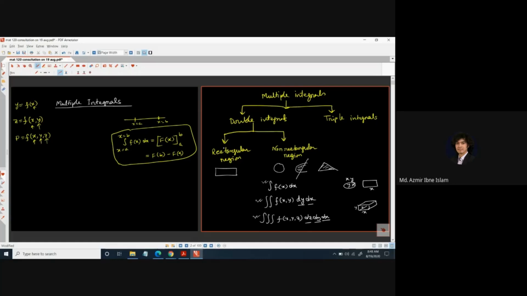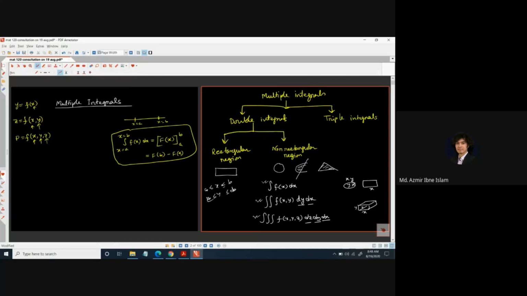So remember, how can you recognize whether you are provided with a rectangular region or a non-rectangular region? In a rectangular region, you will have constant values, that means x with the inequality a to b, y with c to d.